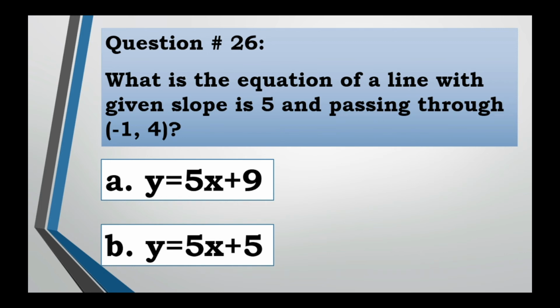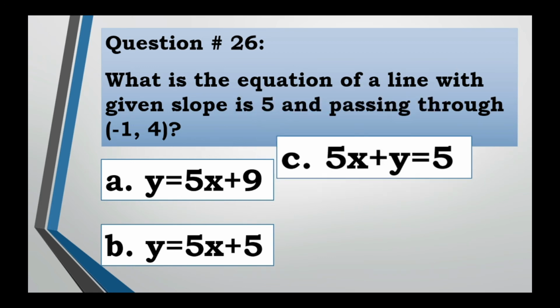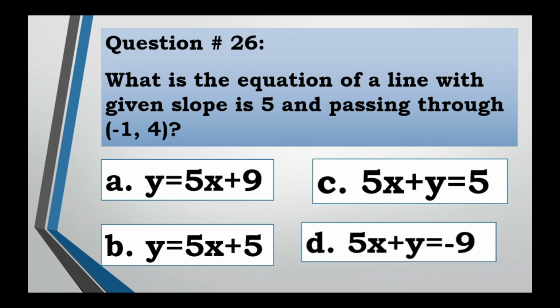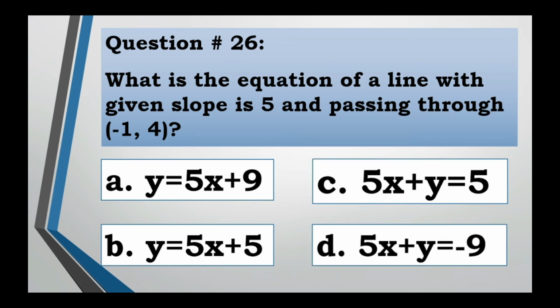Letter B, y equals 5x plus 5. Letter C, 5x plus y equals 5. Or letter D, 5x plus y equals -9.